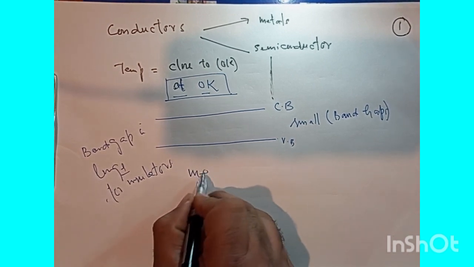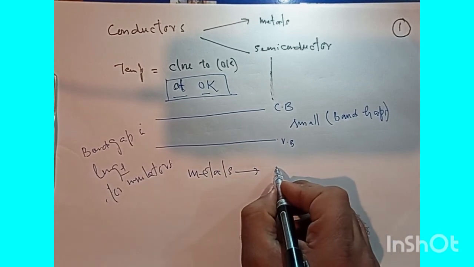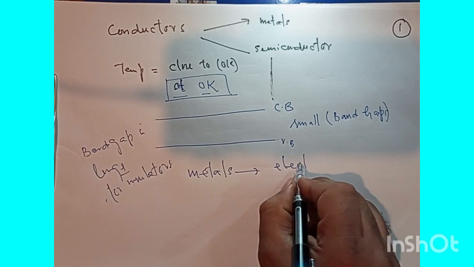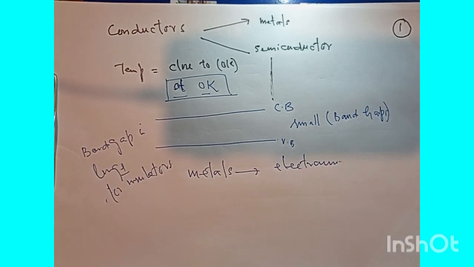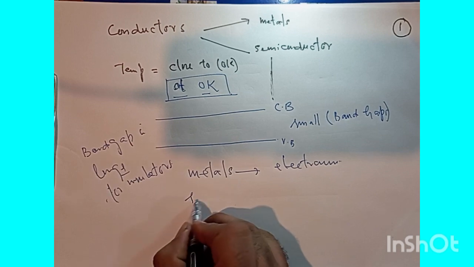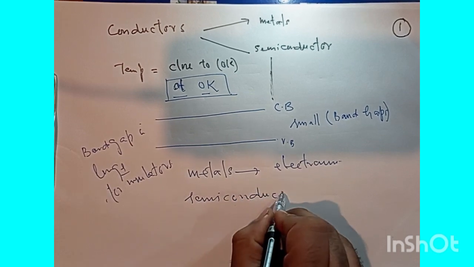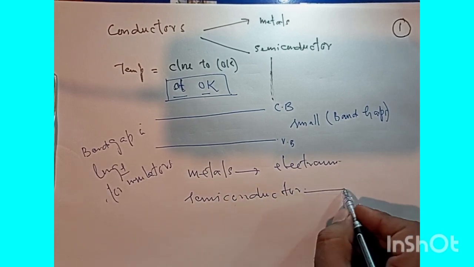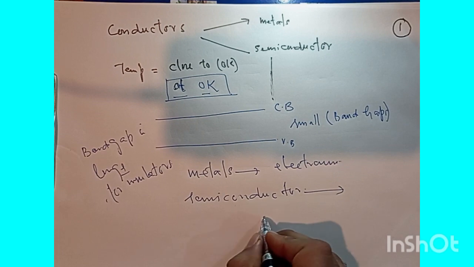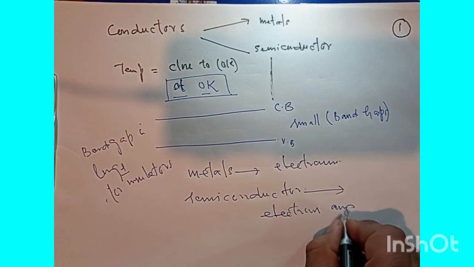I mean, metals conduct by virtue of electrons. When we talk about semiconductors, here we have two types of charge carriers: electrons and holes.